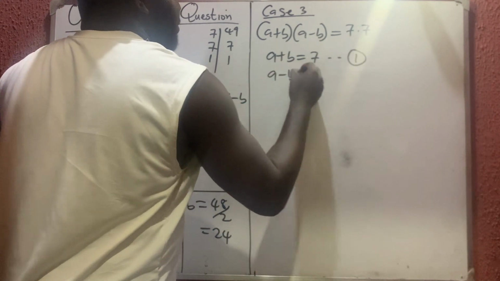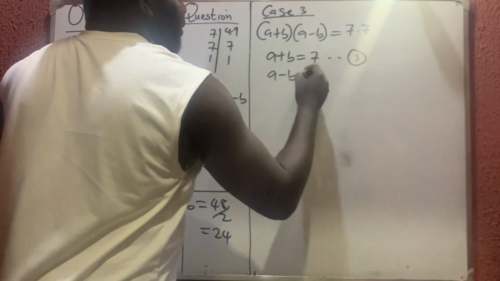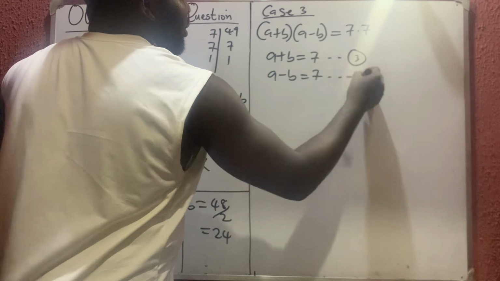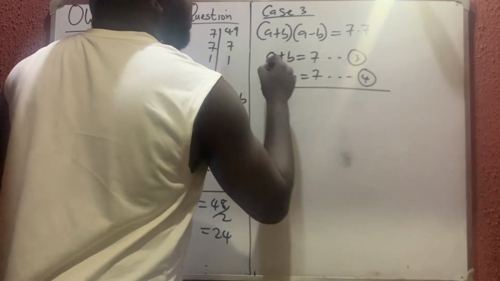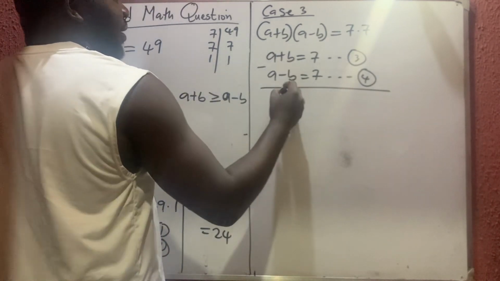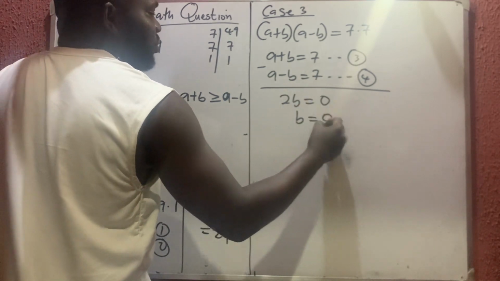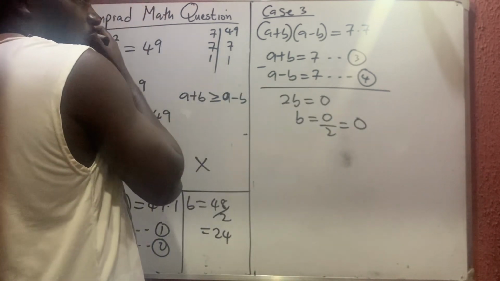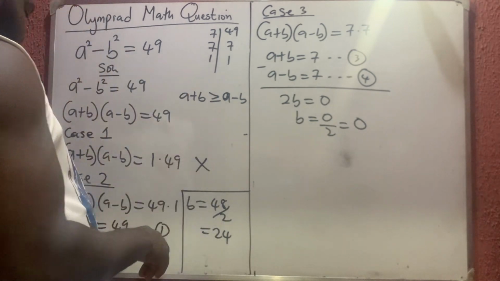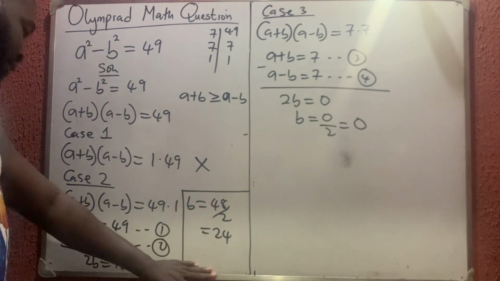Then A minus B is equal to 7, equation 4. So if you solve this simultaneously, the A is gone, and I'm having 2B is equal to 0. Then which means that B is equal to 0 divided by 2, which is 0, right? Now, if B is 0, can we get A? Oh, I did not even get A for the first one.